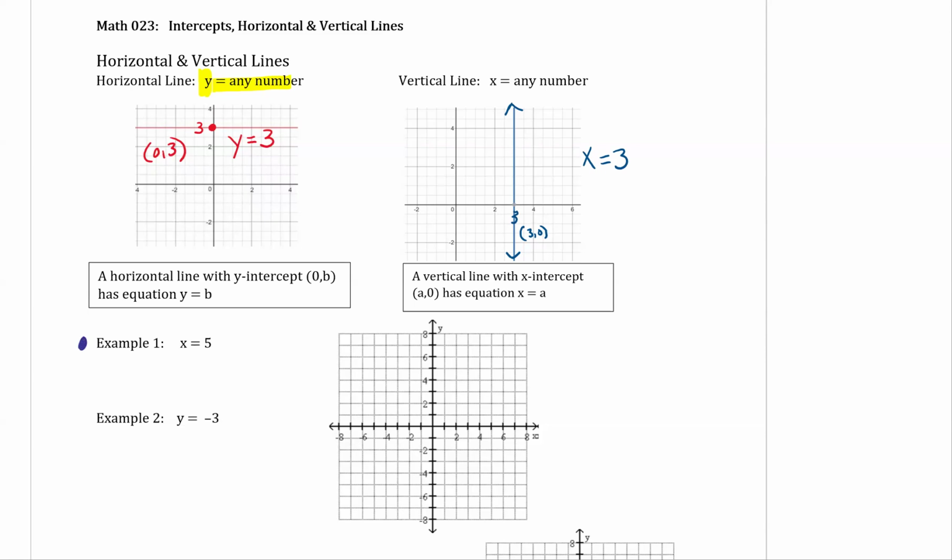Example 1, graph x is equal to 5. X equals is a vertical line. So go to the 5, put a 5 on x, which is here, and then draw a vertical line. Example 2, y equals -3. So go to -3 on the y-axis and draw a horizontal line.